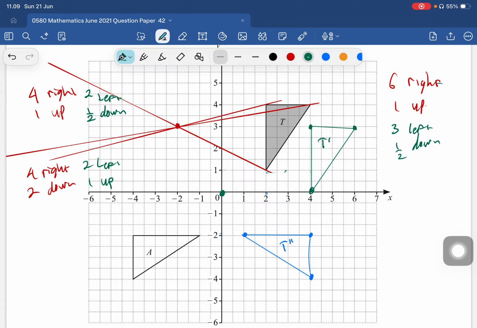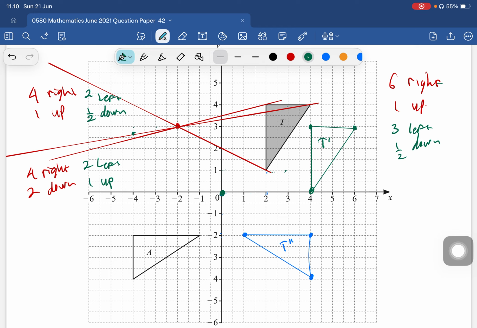Okay, you can just continue. So here is the first point. From the center is 2 left, so 1, 2 and then a half down. Okay, here it is, first point.